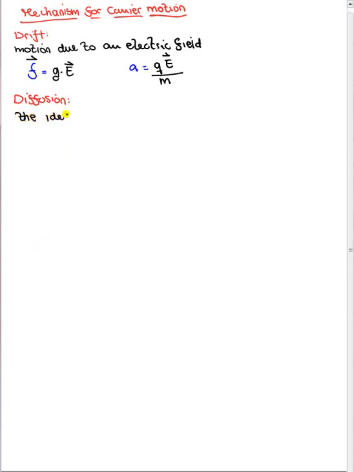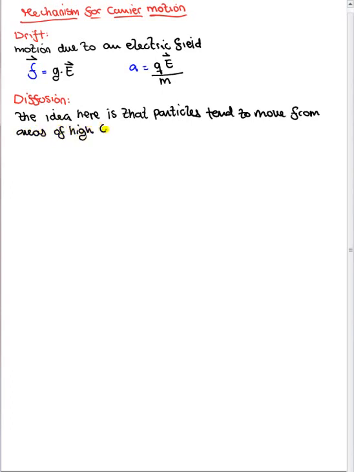And so the idea here is that particles tend to move from areas of high concentration to areas of low concentration, right?